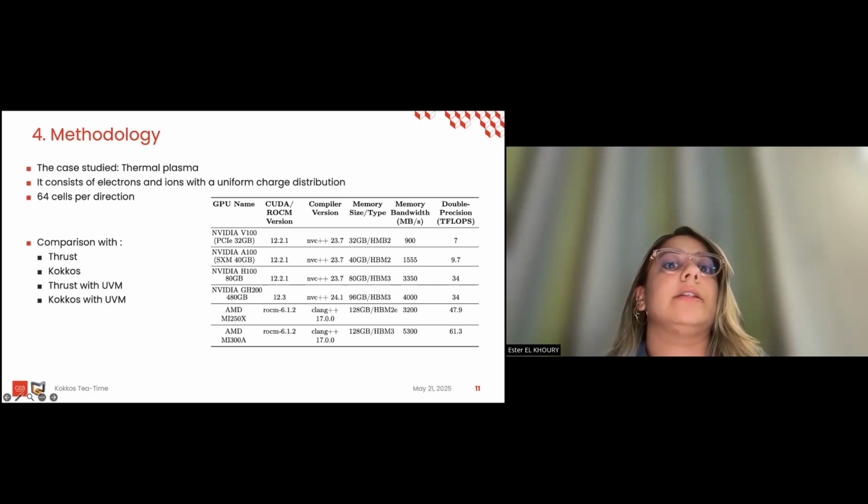We also look at Kokkos, and to understand how memory management affects performance, we tested both Thrust and Kokkos using unified virtual memory, because STD-PAR by default uses UVM. And we have done the tests on multiple GPU vendors like NVIDIA V100, A100, H100, GH200, and AMD MI250X and MI300A.